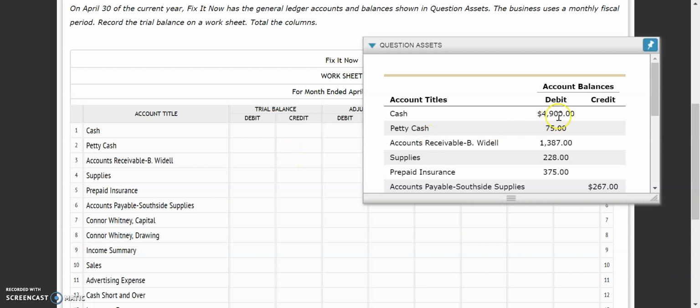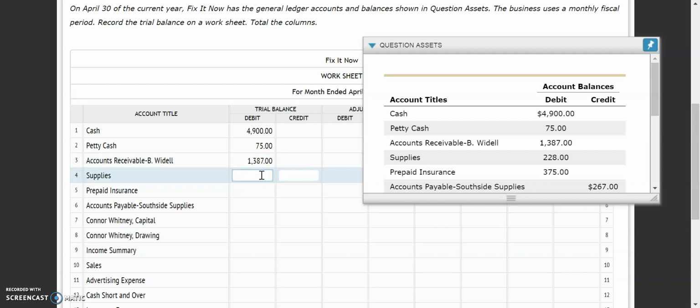So cash has a balance of $4,900 and that's a debit. So we put in $4,900. Petty cash has a debit balance of $75. Accounts receivable has a debit balance of $1,387.